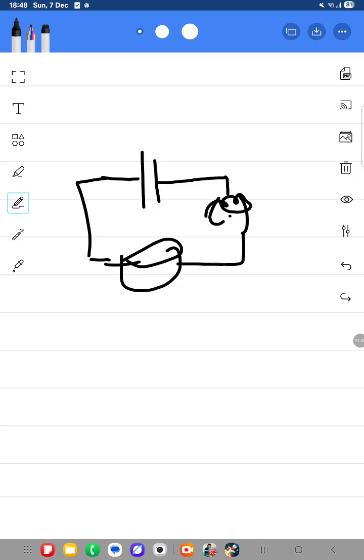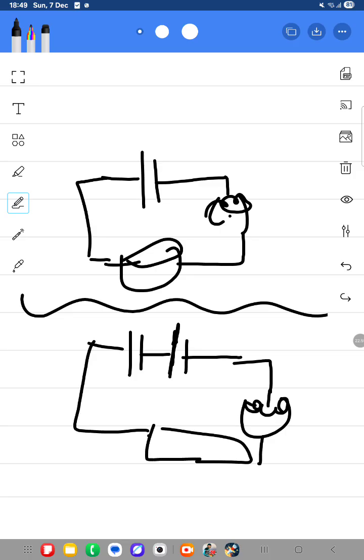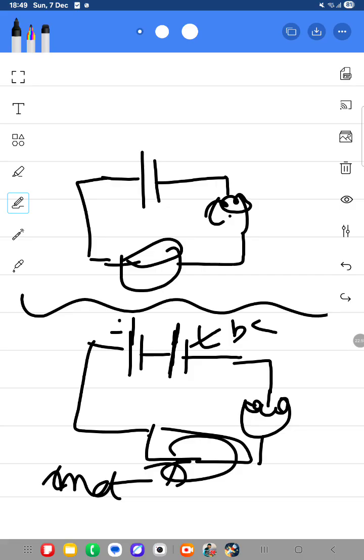A tester is a formation of a battery or a cell, and a bulb. Firstly, we place a battery, then a bulb, and then a metal or any matter which we want to check for conducting electricity.